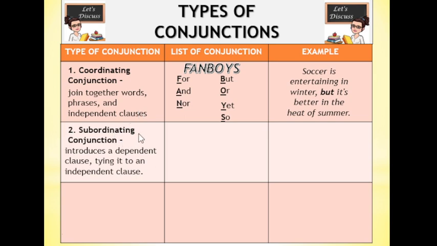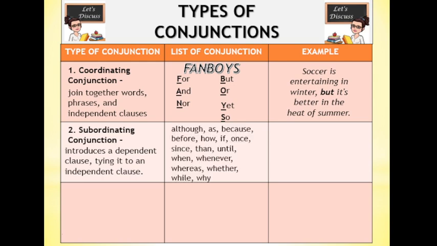In subordinating conjunction, we're combining dependent and independent clauses, which tells us that we are creating a complex sentence. There are so many subordinating conjunctions in English. The common ones are although, as, because, before, how, if, once, since, then, until, when, whenever, whereas, whether, while, and why.